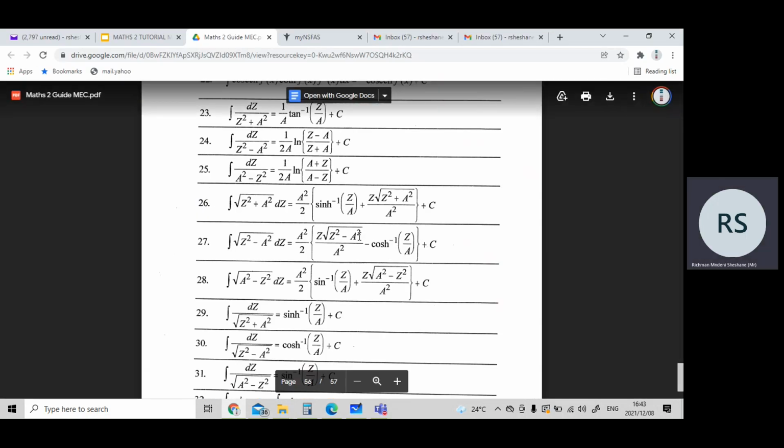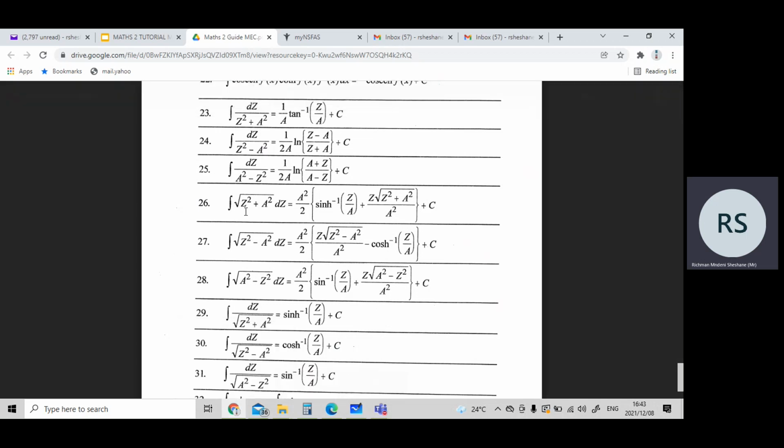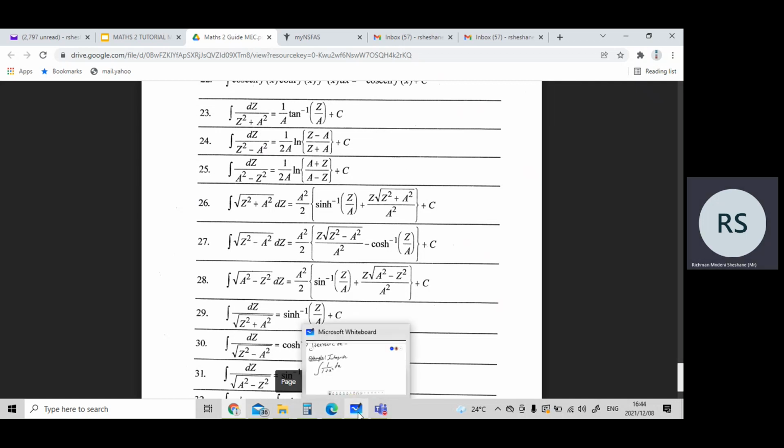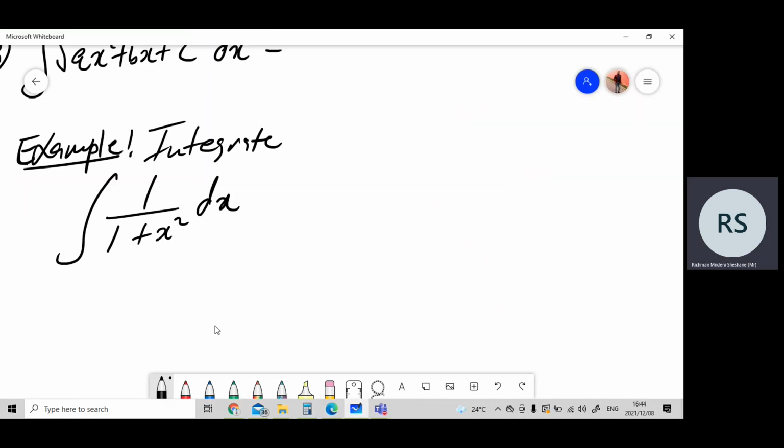You just need to write your problem in one of the standard formulas and see which formula you're going to use. In this case, we didn't have to put our quadratic into 2 terms by completing the square, so we just need to use the standard formula. To use it, we need to choose z after you put your quadratic into 2 terms, but this quadratic is already in 2 terms.